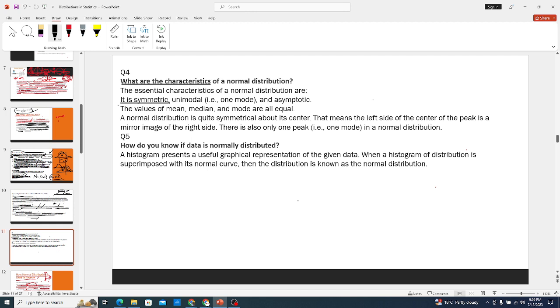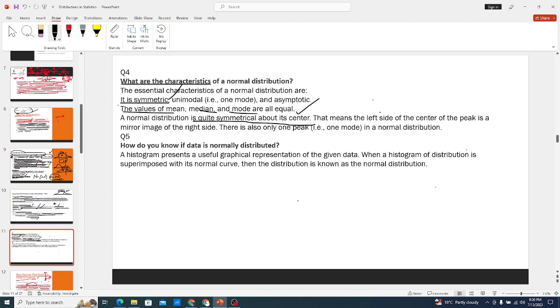When we are talking about symmetric, we are talking about the central curve. Then the values of mean, median, and mode are all equal. We've discussed a lot of that. Then the normal distribution is quite symmetrical about its center.